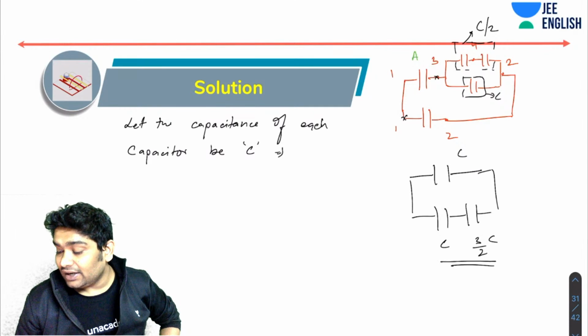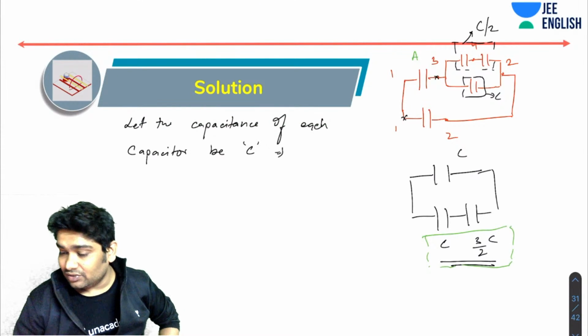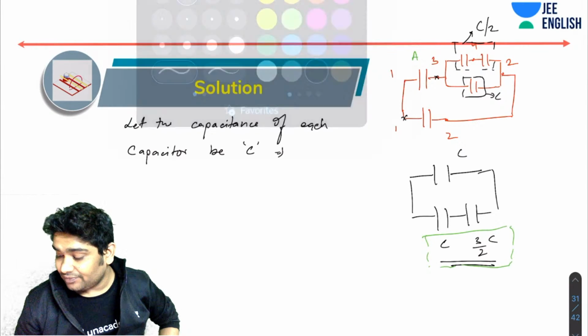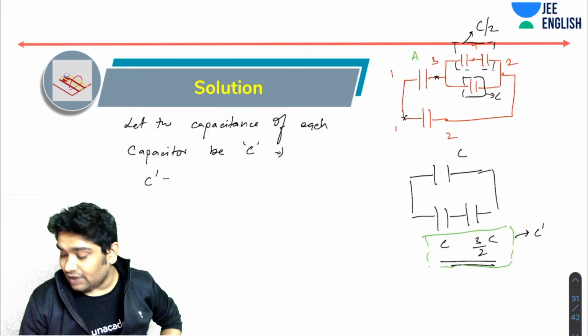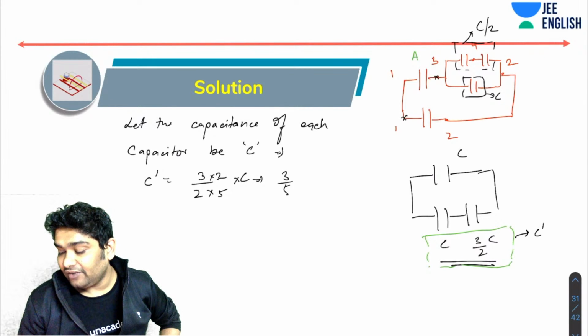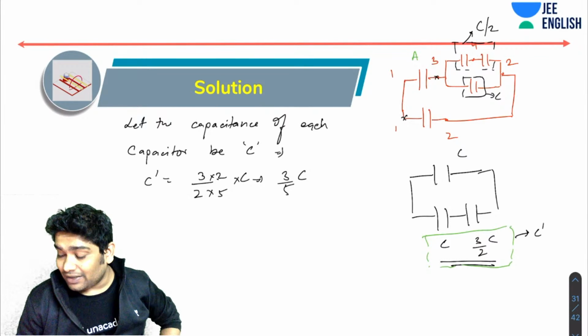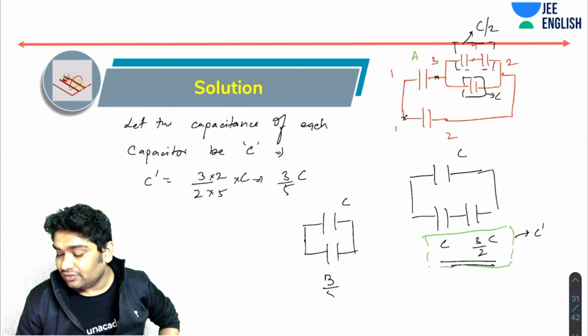So again, these are in series. So the equivalent of these two, let's call it C dash. So I know C dash would be equal to 3 by 2 over 5 by 2 C. That is 3 by 5 C. Okay. So essentially, you had a capacitor C and you connected with it in parallel 3C by 5.